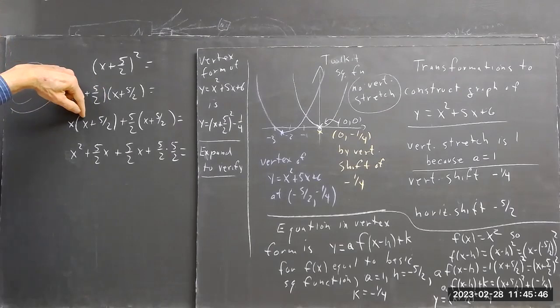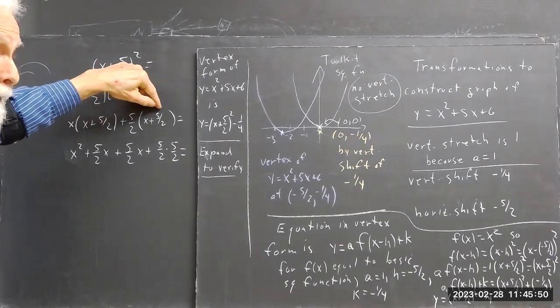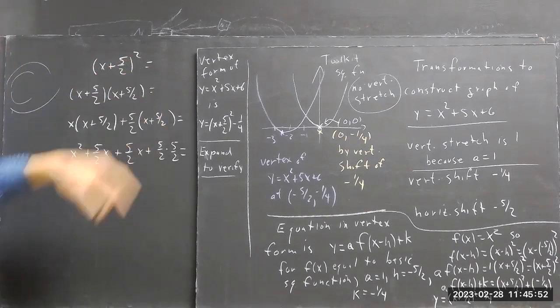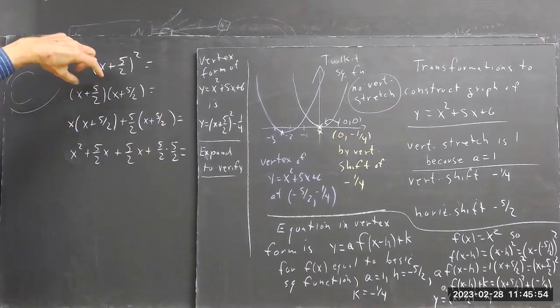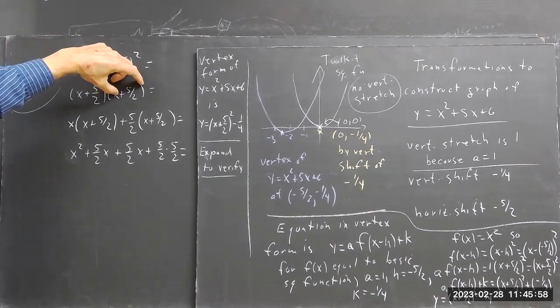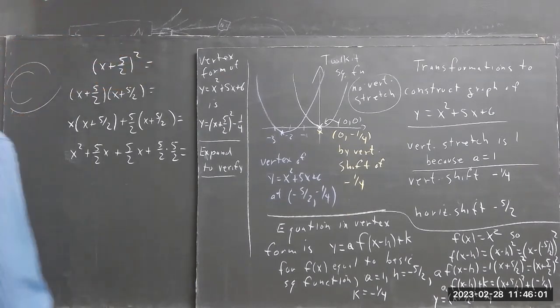Because, you know, you multiply x by x, x by 5/2, 5/2 by x, and 5/2 by 5/2. That is the distributive law. People are having trouble applying it, but it looks like this. Have to get past that.